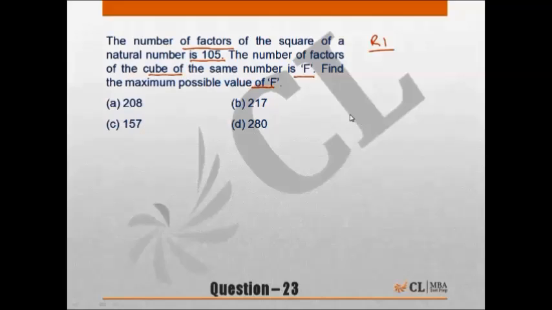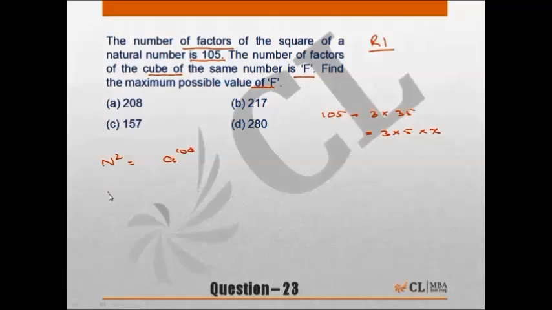If the number of factors is 105, that means the square of the number, n square, could have been, let's say, a to power 104. Because if the power is 104, the number of factors would be 104 plus 1, 105. Now 105 can be factorized as 3 into 35, which is equal to 3 into 5 into 7.